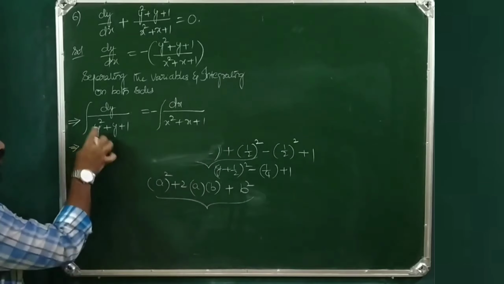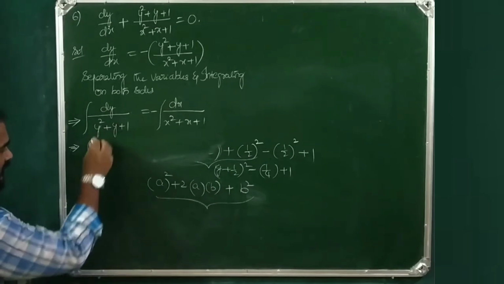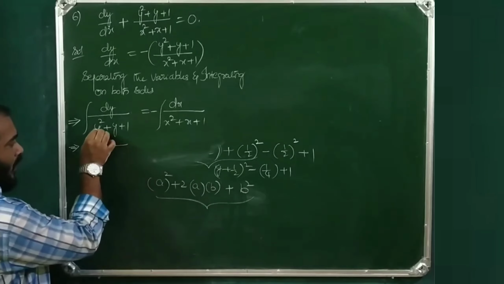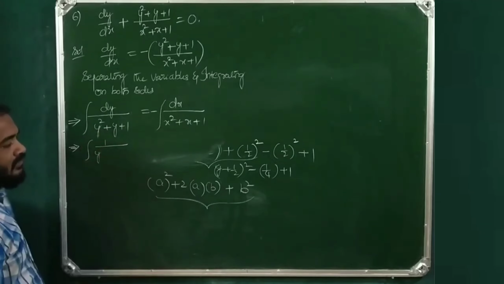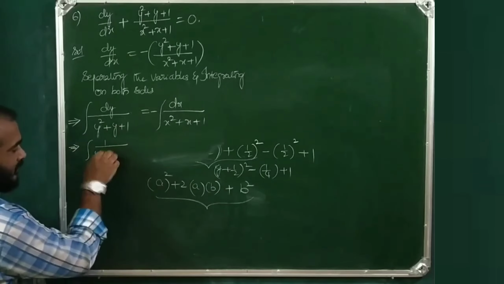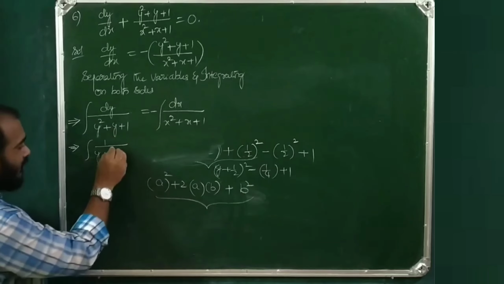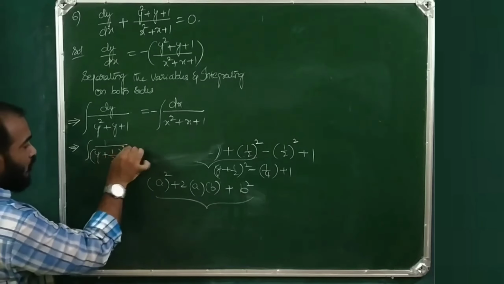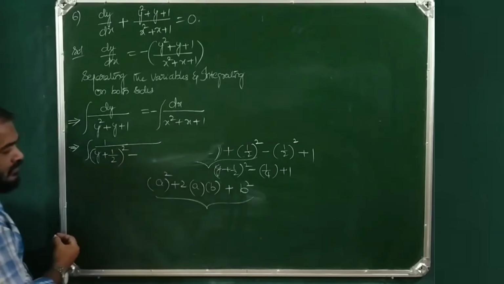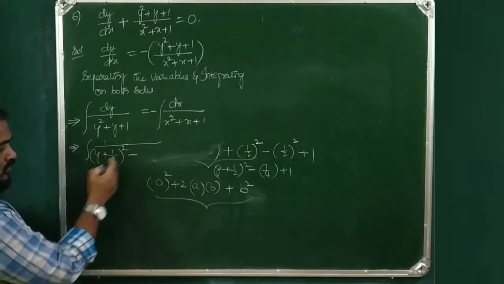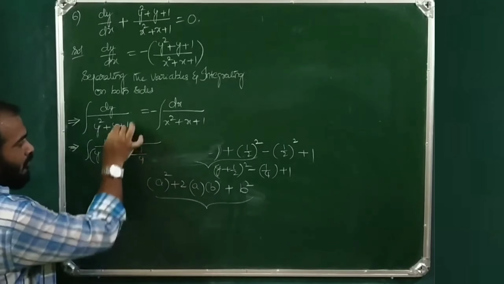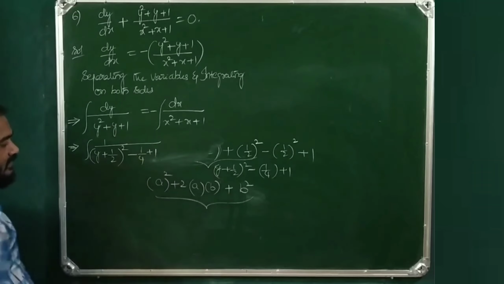But instead of doing all these things, I'll just simply write y square, and the coefficient of y is 1. So take half of it, 1 by 2, complete the square here, minus 1 by 2 whole square, which is 1 by 4, and plus 1 you write as it is.